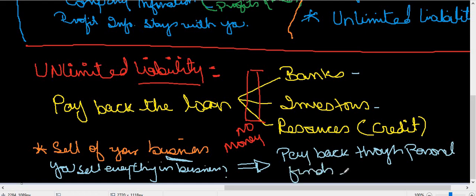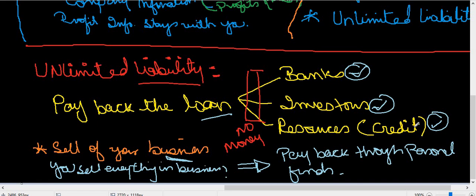So in unlimited liability, no matter what you do, you will have to pay back anything and everything you own in order to repay the people you've taken loans from: investors, banks, resources, the products you have bought on credit.